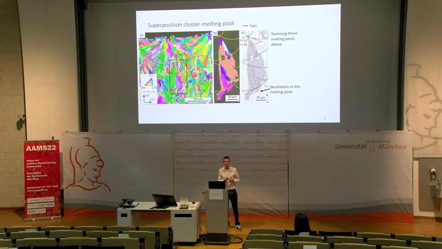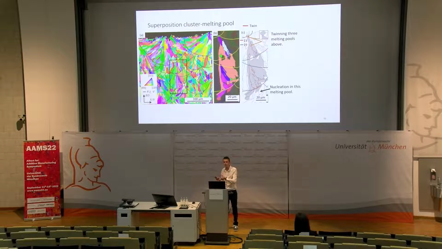But we also think that the ISRO has an impact not only on the nucleation of grains, but also on their growth. And we think this by superimposing the melt pool boundaries and the cluster. So this is what we've done on this image, where we can see on the grain boundary map that we highlight the cluster.